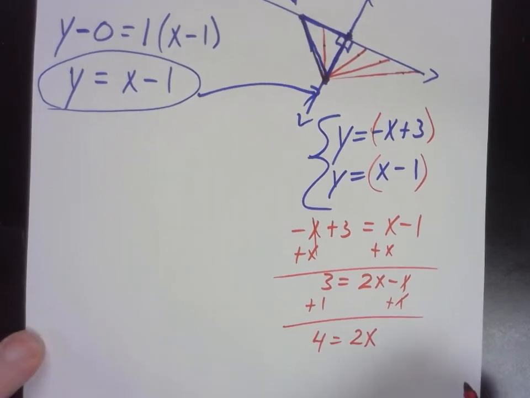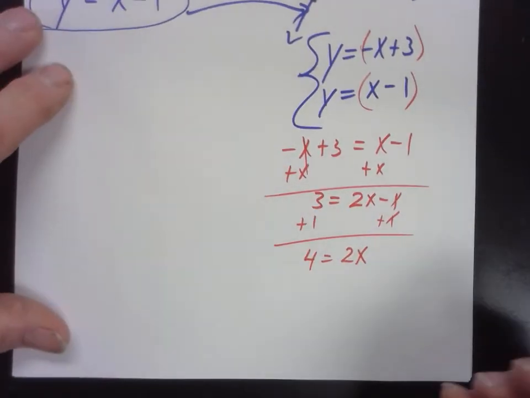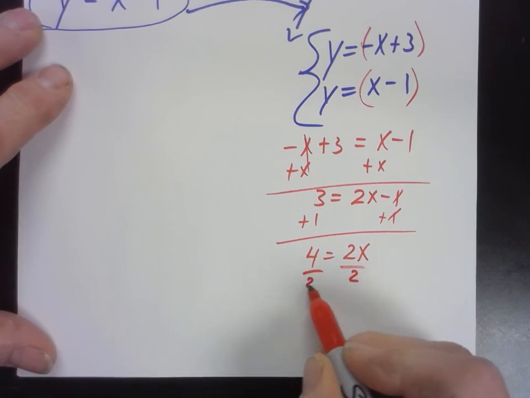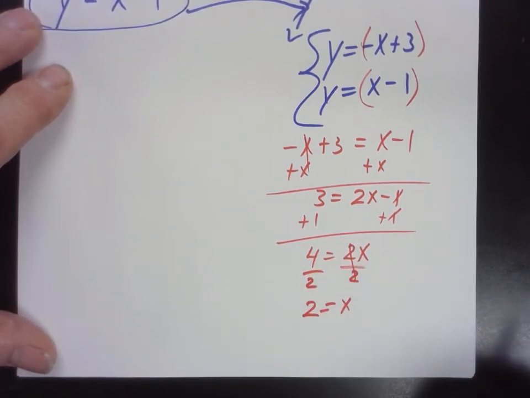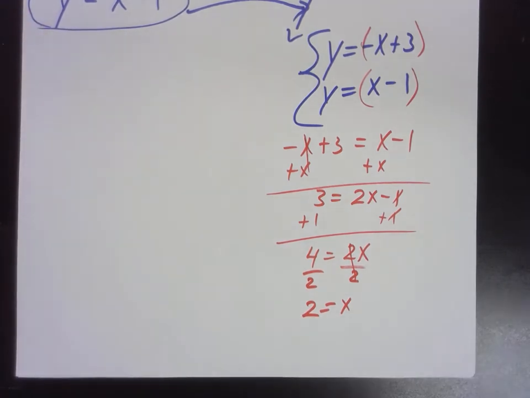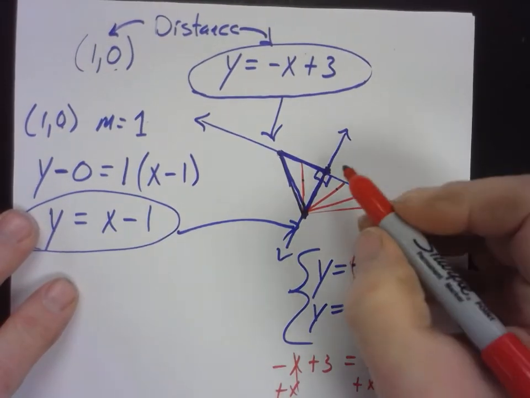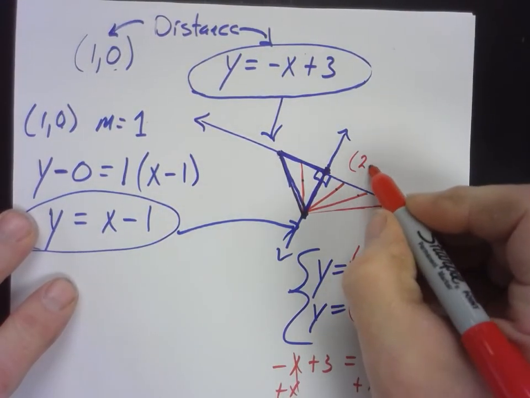And then I'm going to divide both sides by 2. And x equals 2. Okay, so that's the x coordinate of the point. So this point right here, its x coordinate's got to be 2.